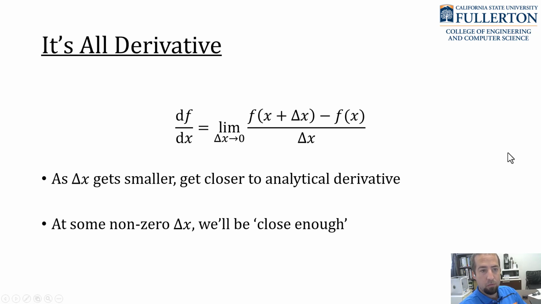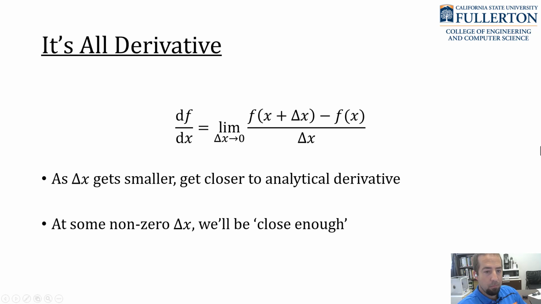But for practical purposes, there is some small but non-zero delta x that we can consider close enough that any further reduction in delta x doesn't increase the accuracy of the derivative towards the analytical solution by any meaningful amount.